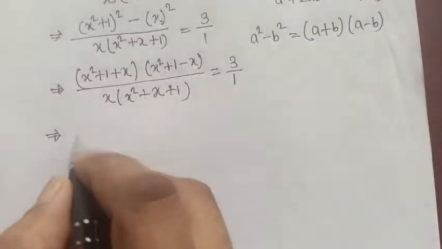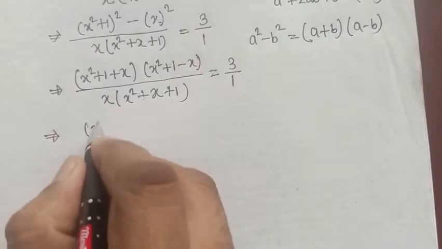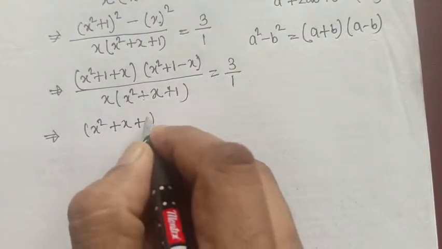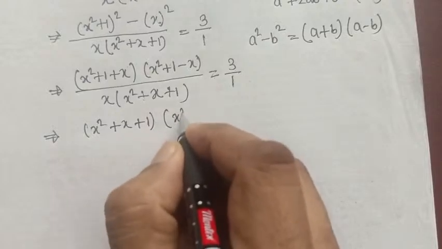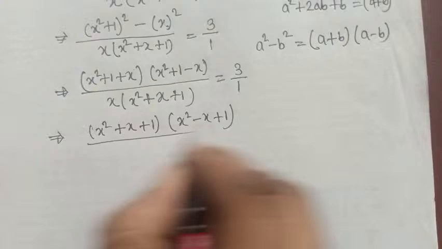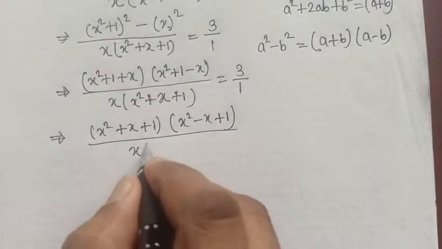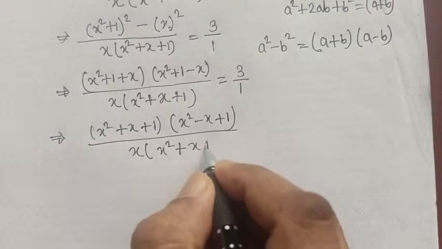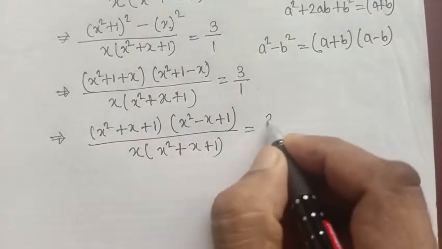Now it can be expressed like this, x square plus x plus 1 and x square minus x plus 1 by x into x square plus x plus 1 equals 3 by 1.